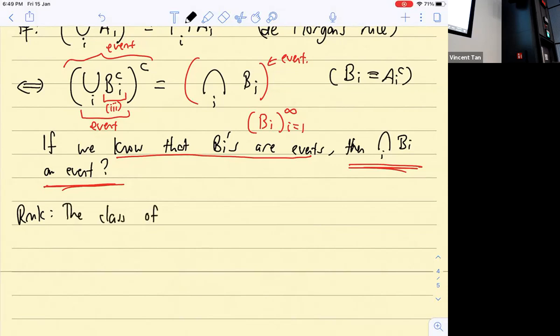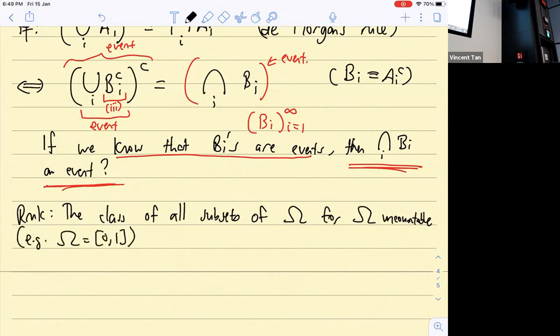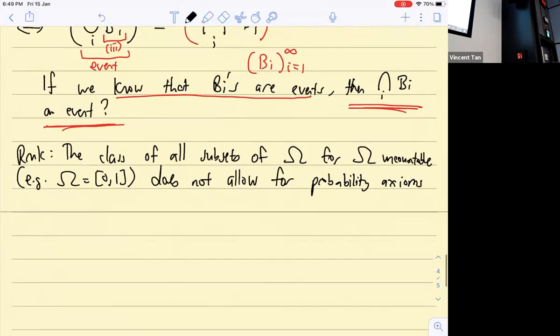The class of all subsets of omega, for omega uncountable, e.g. omega is the closed interval 0, 1, the set of all subsets of this set, the closed interval, does not allow for the probability axioms that we are going to talk about next to be satisfied in a sensible way.